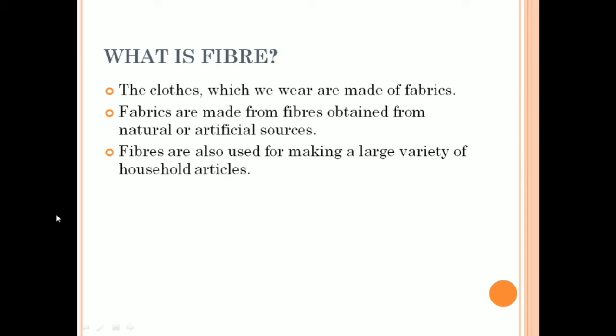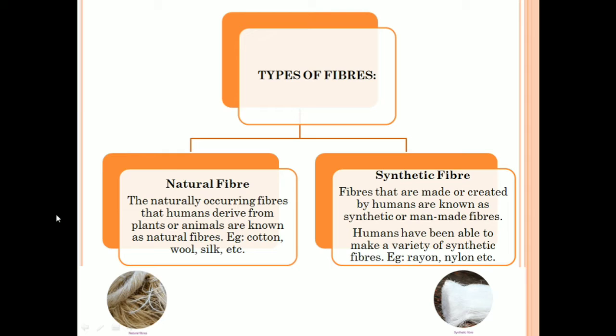So, let's see. There are two types of fiber. You must be knowing that there are two types of fiber. Which are they? Let's see. Types of fibers: natural fiber and synthetic fiber. From the name itself, you can understand what is natural fiber and what is synthetic fiber. Natural fiber means the naturally occurring fibers that humans derive from plants or animals are known as natural fibers.